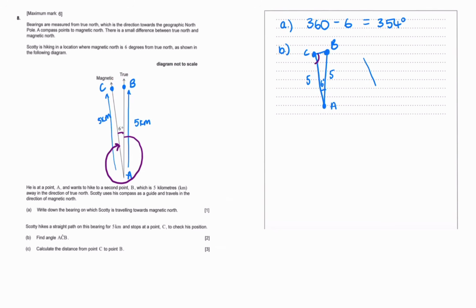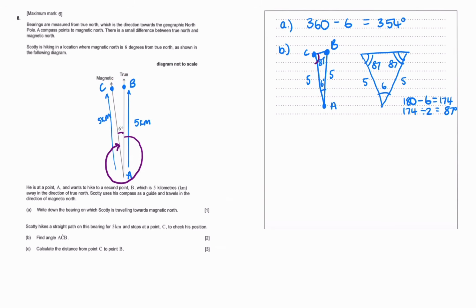If I drew it a little bit differently, you would see that this is 5, this is 5, this is 6. Therefore, these angles have to be equal to each other. They have to be the same. So it's 180 minus 6, that equals 174. And then we're going to divide that 174 by 2, and each of those angles is going to be 87 degrees. So 87 and 87.